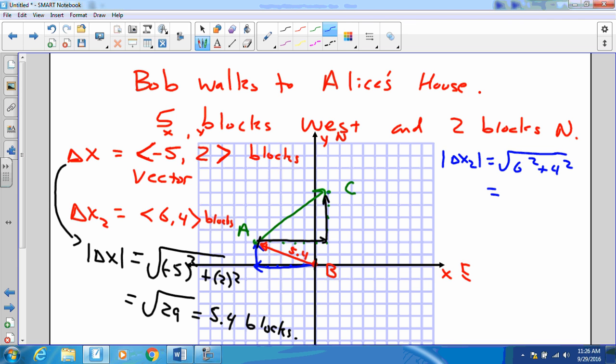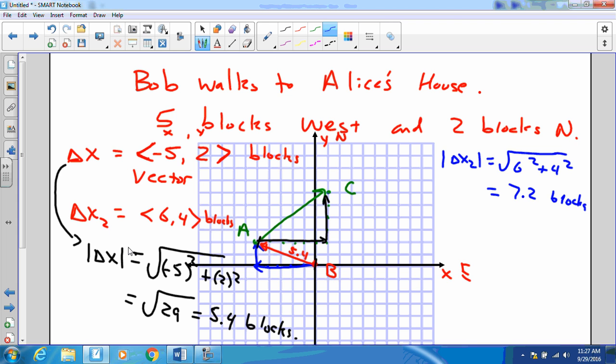And what do you get for that? And units? Notice that a vector and its magnitude always have the same units, because you are taking units and squaring them, and then taking the square root of that result. That's good. Anybody get anything other than 7.2?